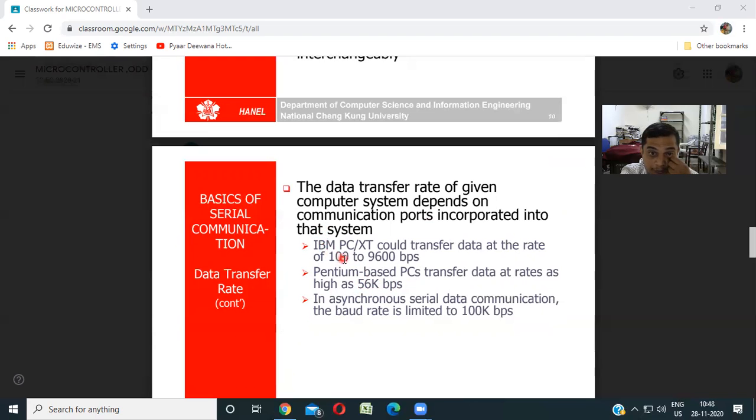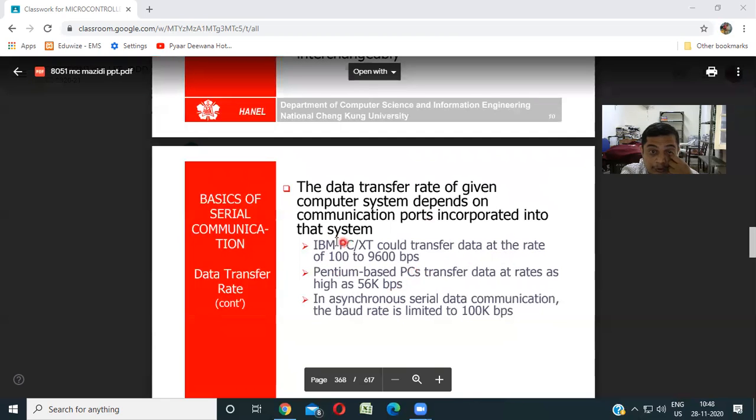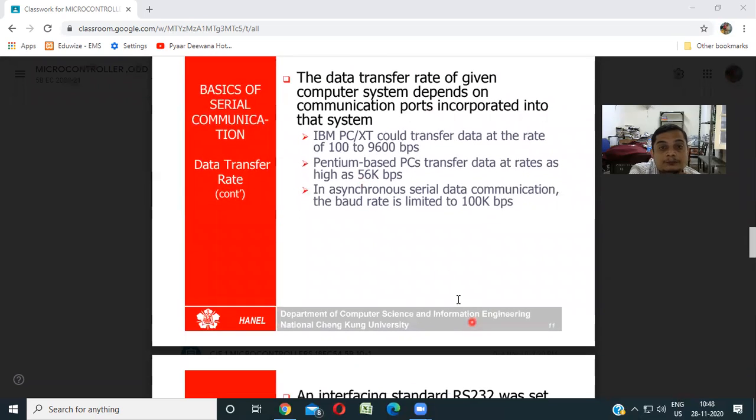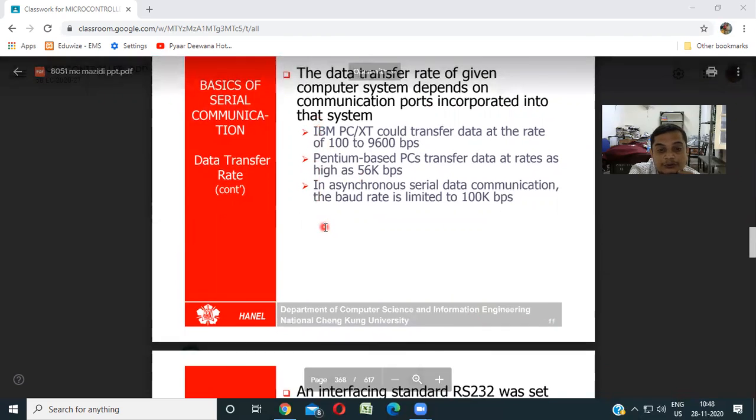IBM compatible PCs can transfer from 100 to 9600 bps. Asynchronous serial communication can transfer a baud rate of nearly 100 kilo bps. So these are different examples of the peripherals.